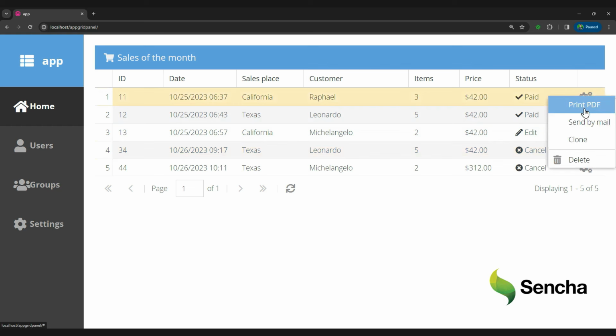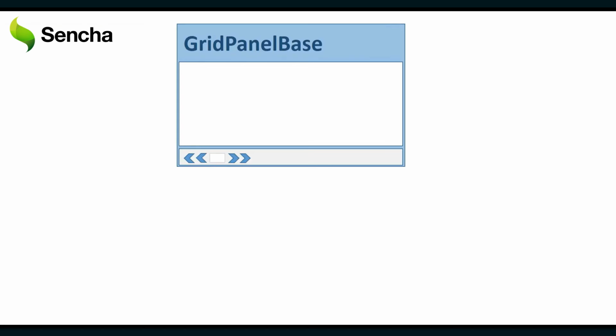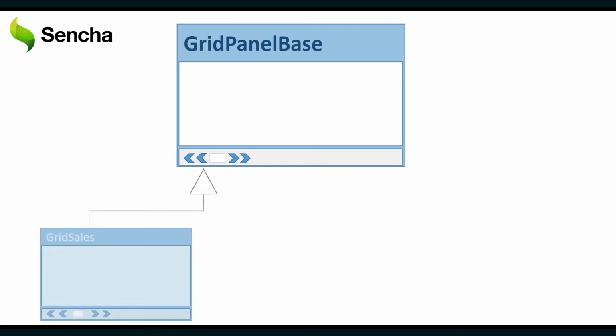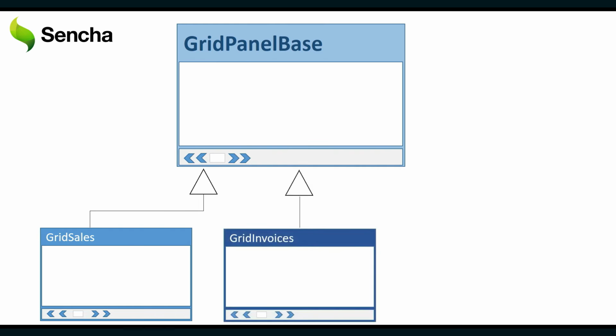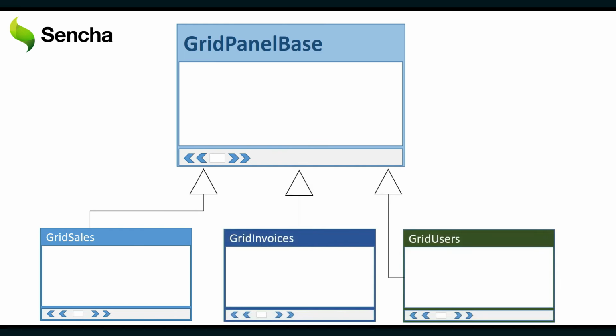Let's consider the definition of a grid panel base that sets generic, reusable behaviors that can be repeated through inheritance in any other grid that extends from this base class. If we can do this, we could then define grid sales, grid invoices, and grid users with minimal effort, because all the complexity should be managed within the base grid panel definition.